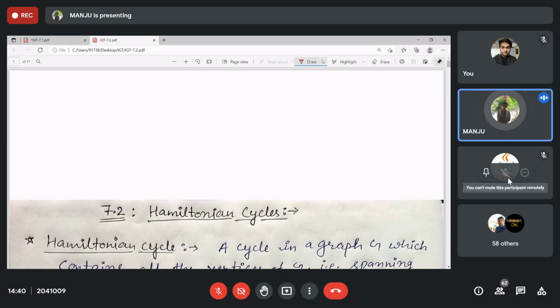Hamiltonian cycle, a spanning cycle you can just say, that covers all the vertices, right? Yes, ma'am. Corresponding to an Eulerian circuit, the graph will be an Eulerian graph, and corresponding to a Hamiltonian cycle, the graph will be a Hamiltonian graph.